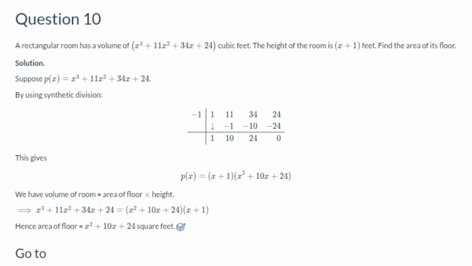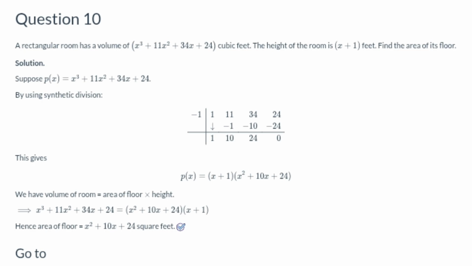The coefficients of the volume polynomial are 1, 11, 34, and 24. Bring down the 1. 1 times -1 is -1. 11 plus -1 is 10. 10 times -1 is -10. 34 plus -10 is 24. 24 times -1 is -24. 24 plus -24 is 0.